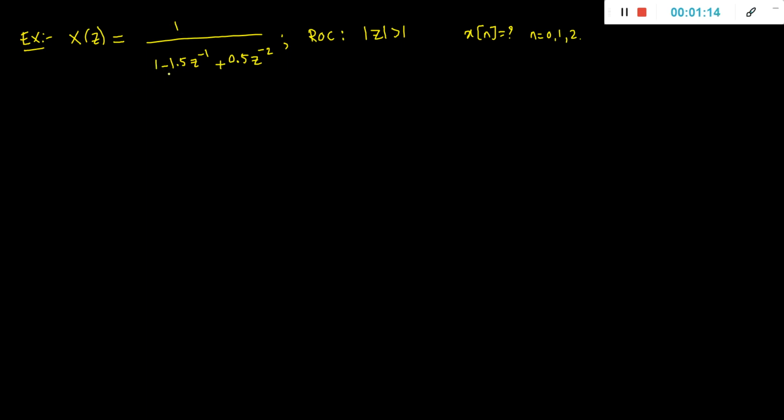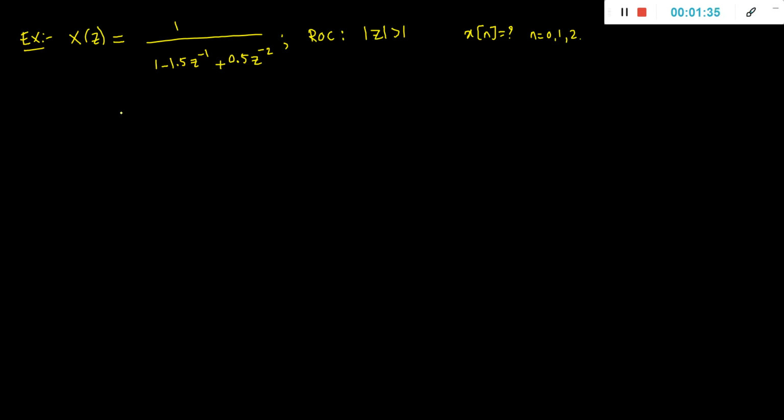Now I need to divide 1 by this particular expression, but the way in which I divide depends on the ROC. If you observe the ROC, it is given as mod of z greater than 1. Mod of z greater than 1 implies a right-sided sequence.